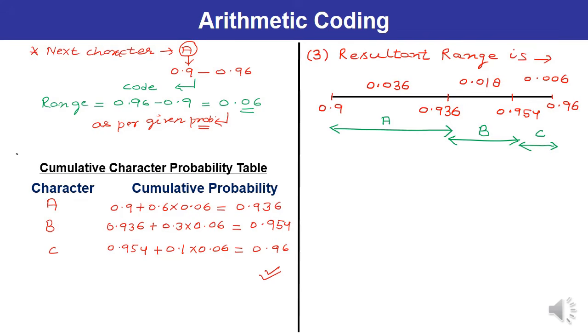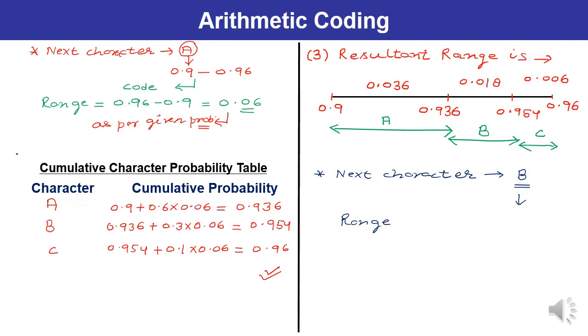Here now you can see the next character which is to be coded. What is this? The next character is, observe the string. The string is given as CAB. C has been coded, A has also been coded. So now the next character is B. It means B falls in which particular range?